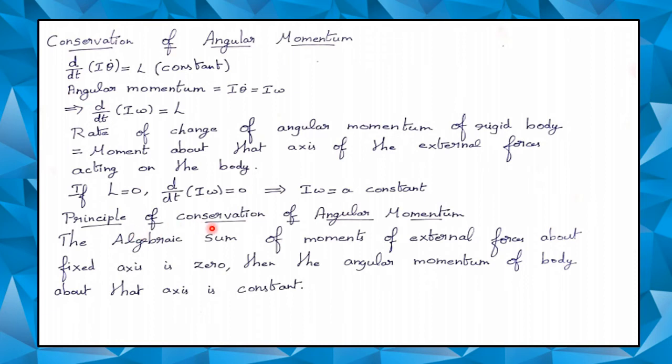Now, the principle of conservation of angular momentum: if the algebraic sum of moments of external forces about a fixed axis is 0, then the angular momentum of the body about that axis is constant. So if L is equal to 0, then I omega is equal to constant. This is called the principle of conservation of angular momentum.